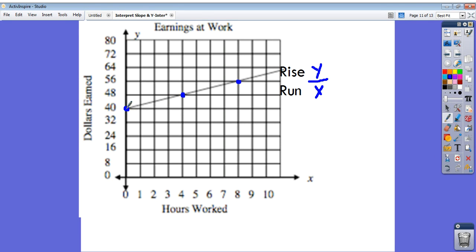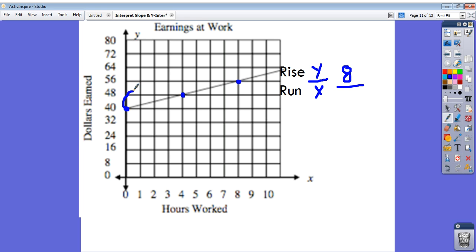So let's see how many steps up I go to get from this point to this point. I go up 1 step, but take a very close look at the numbers. I went from 40 to 48, so that didn't just increase by 1, that increased by 8. My change in y is 8. Now I'm going to see how many steps over.